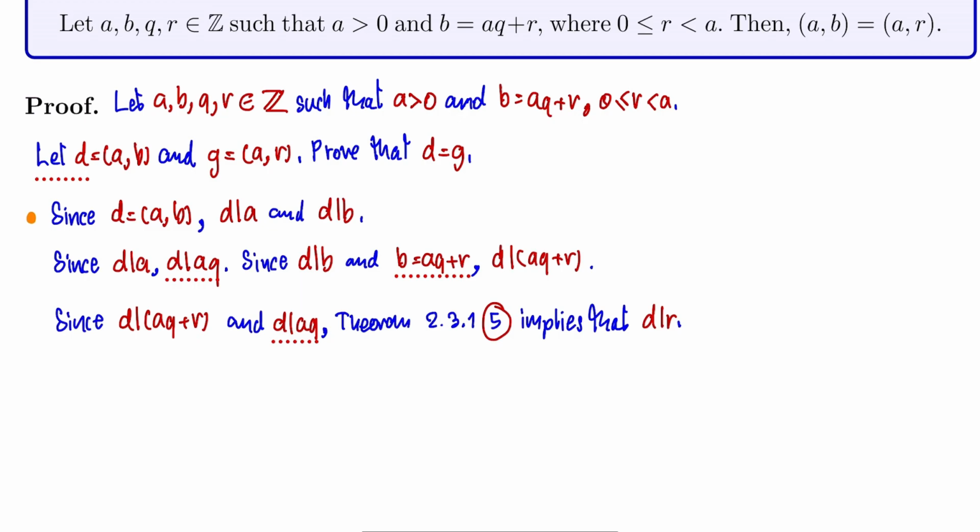When d divides r and d divides a, that means that d divides the greatest common divisor of a and r. So that means that d divides g.